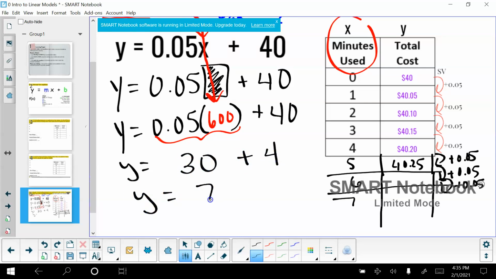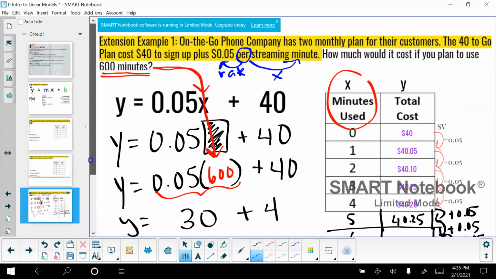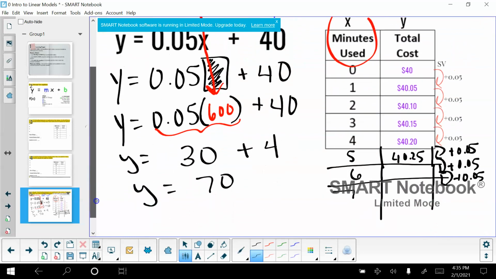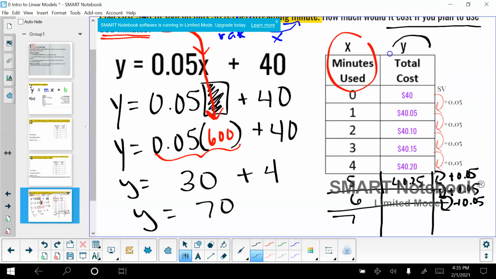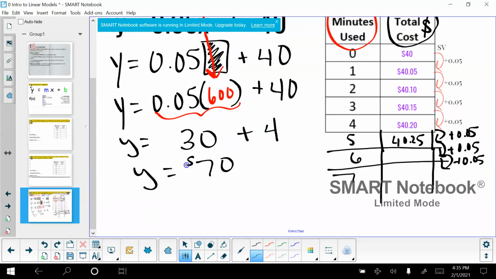So then you end up with y equals 70. So your answer is 70, but now what does that mean in the context of the problem? Well, it was asking you how much would it cost if you plan to use 600 minutes. And notice I kept bringing down the y because I'm saying y equals 70, and if I go back and look at the table, y is the cost, which is the dollars. So this is really $70.